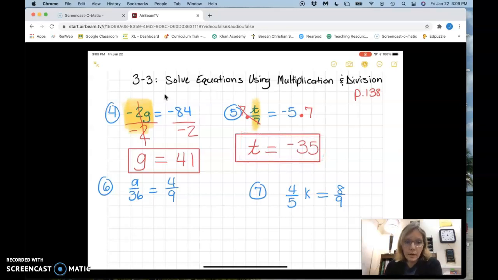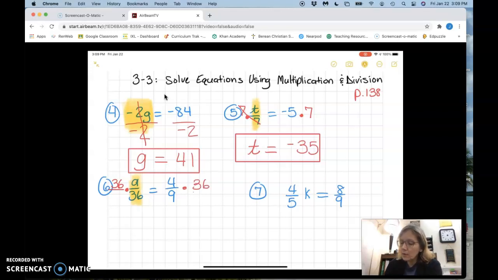Okay, let's keep going. Number 6. Again, I'm looking at what's happening with the variable. I see a fraction, which means divide, so I'm going to do the opposite, which is multiply. I am going to multiply by whatever's on the bottom. Whatever I do to one side, I have to do to the other.